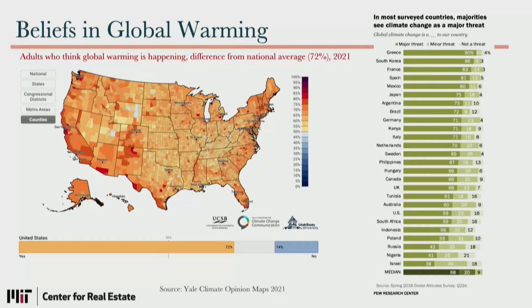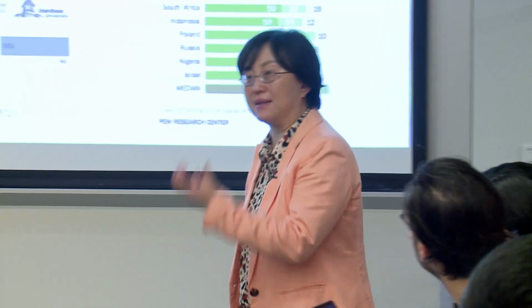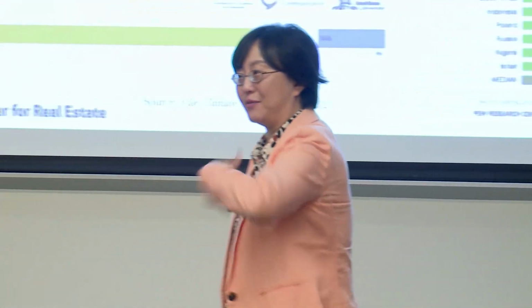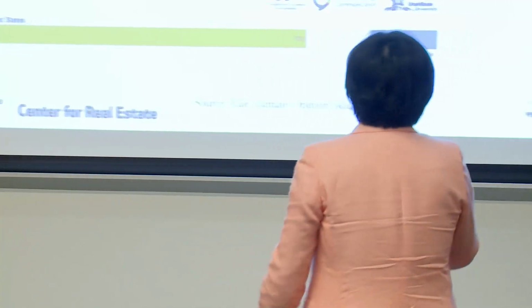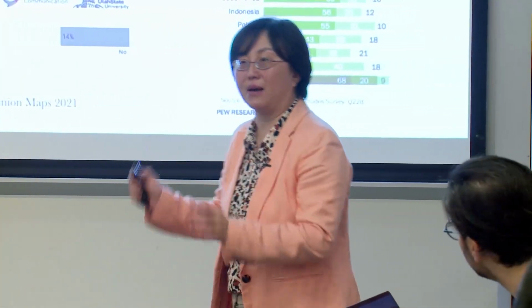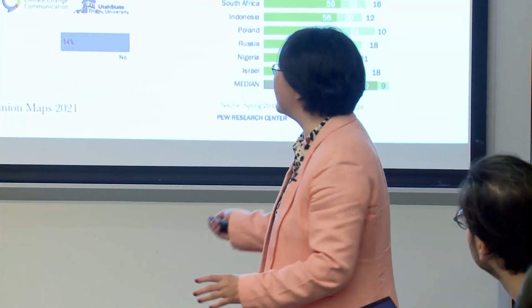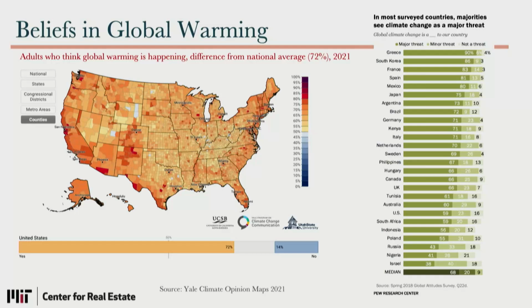For the entire United States, 72% of the adults, of us, think global warming is happening. And 14% don't think global warming is happening. And in the middle, they don't know. They are not very sure. So that's the entire United States. Of course, you understand why here we are darker.